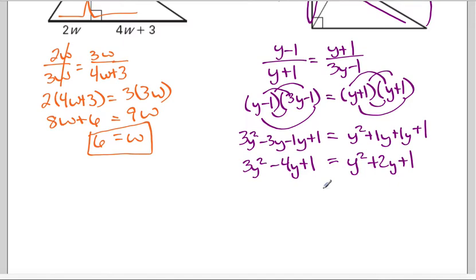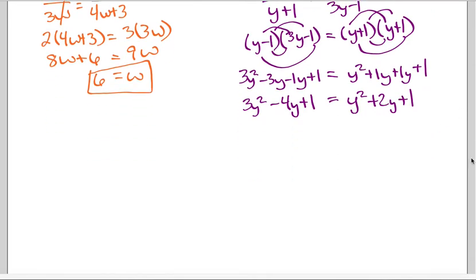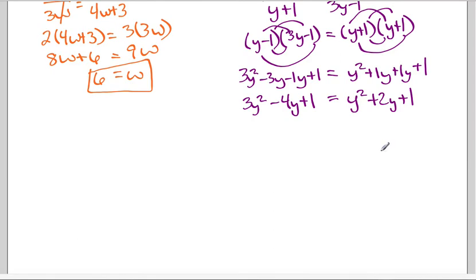And then you end up with a quadratic on each side, and to solve the quadratics you need to get everything to the same side, make sure that 0 is on one side by itself, and then you can factor to solve. I want my y squared part to be positive, so what I need to do is subtract everything from the right side and move it over to the left side. So I'm going to subtract the y squared from the y squared.